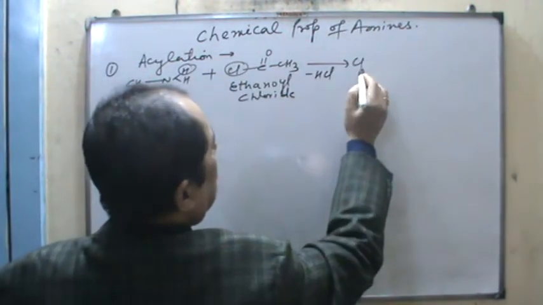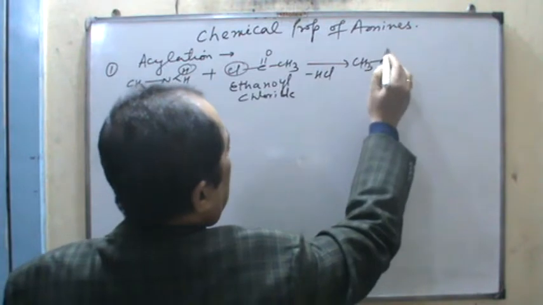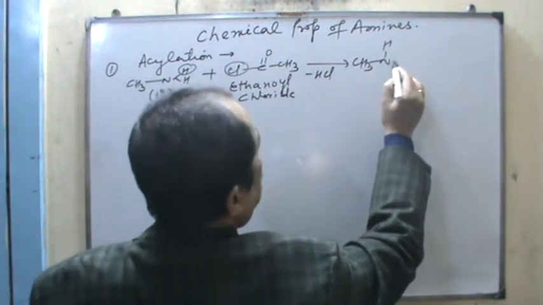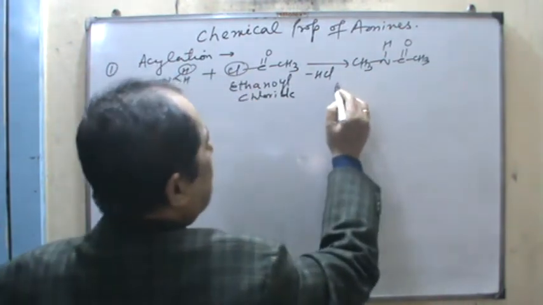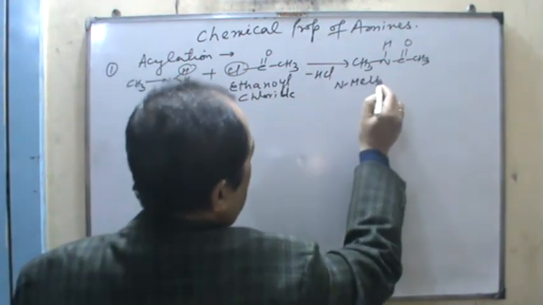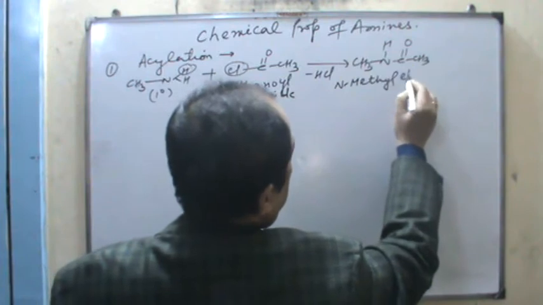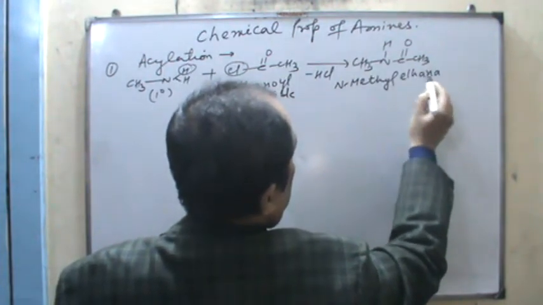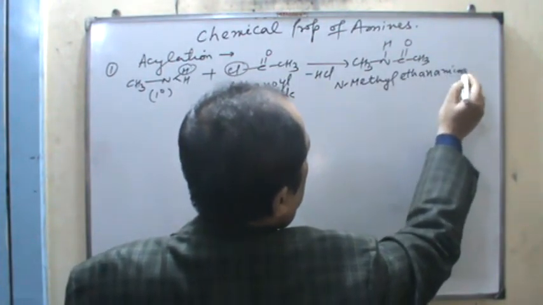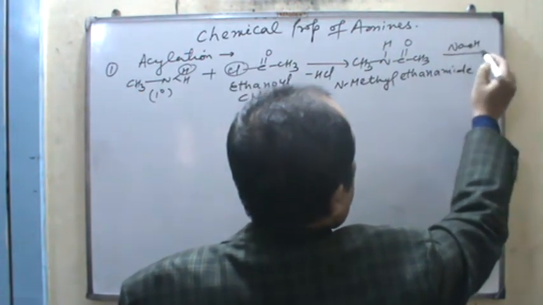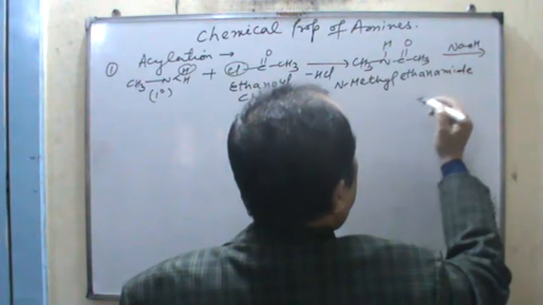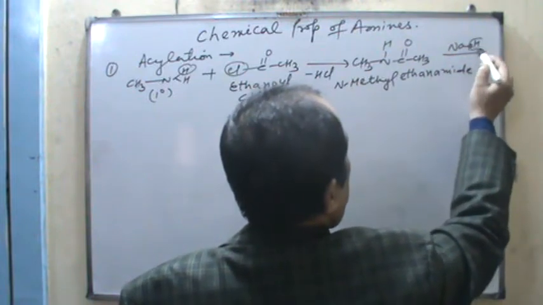HCl, CH3NH, C double bond OCH3, N-methyl ethanamide. It is made to react with alkali and it is very much soluble in water.